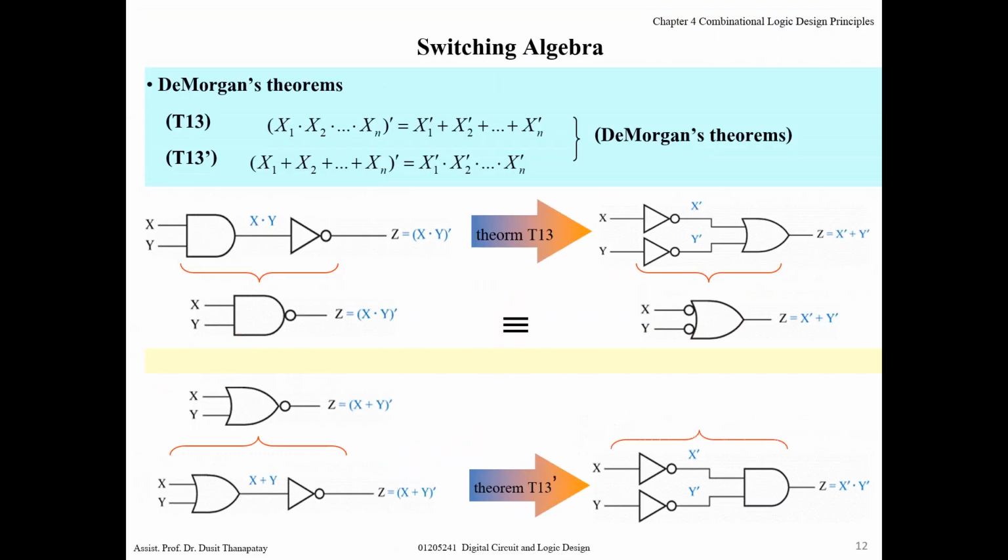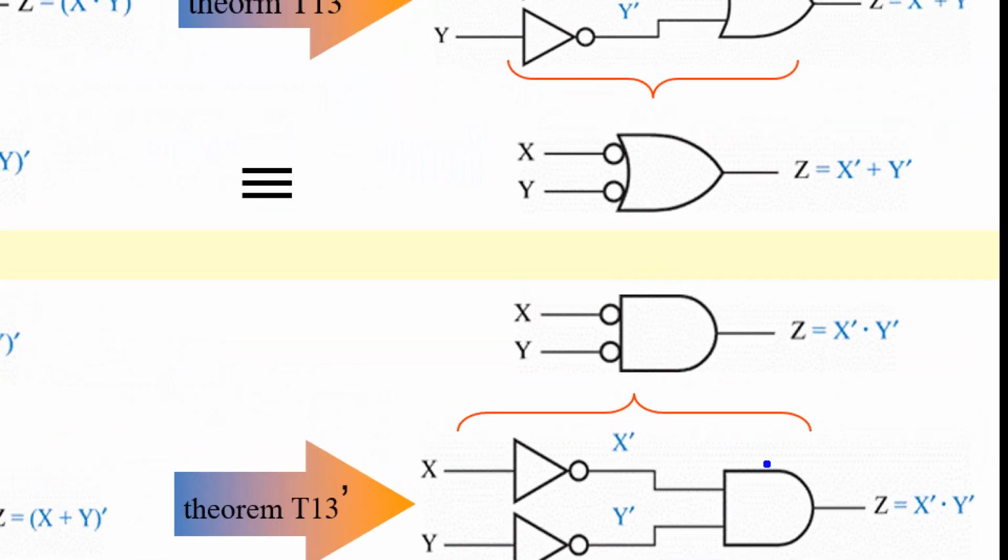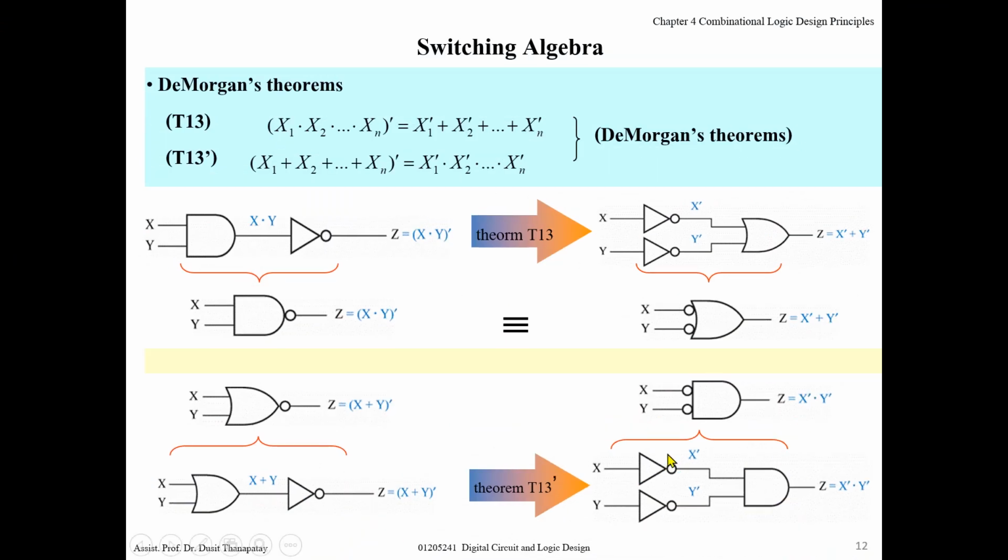Again, you can draw the logic symbol using this AND and then this inversion at the input. This one is also NOR, NOR function. Different symbol but the same function, so they are equivalent.